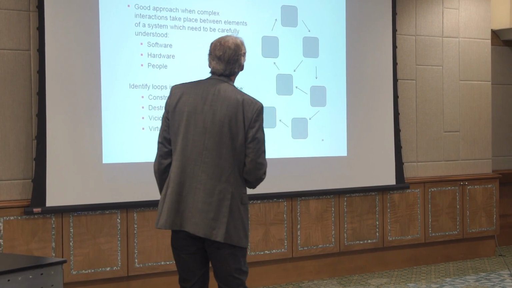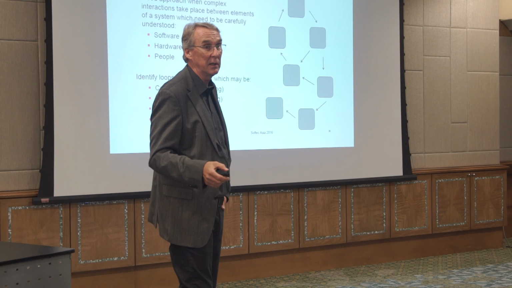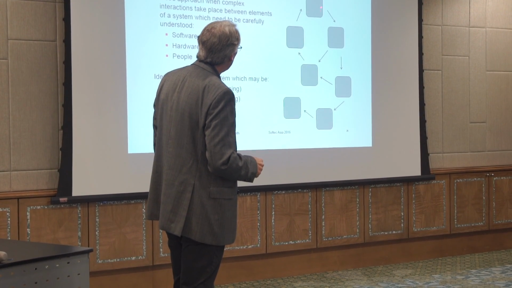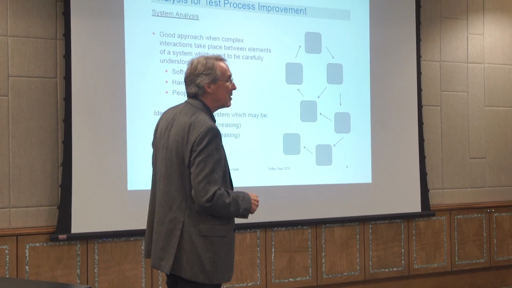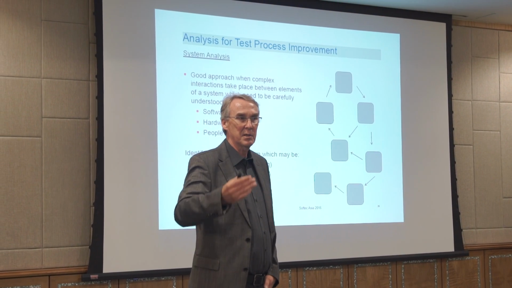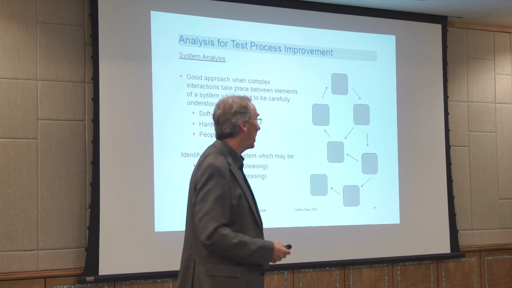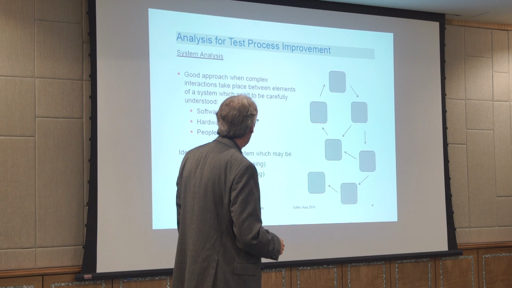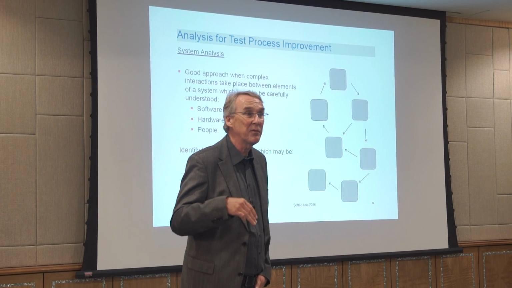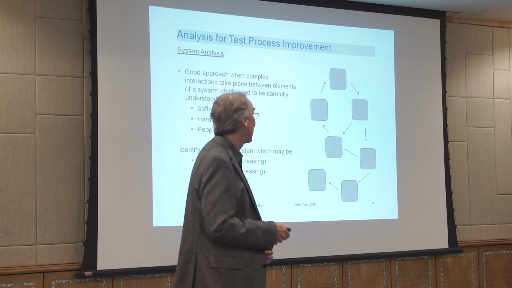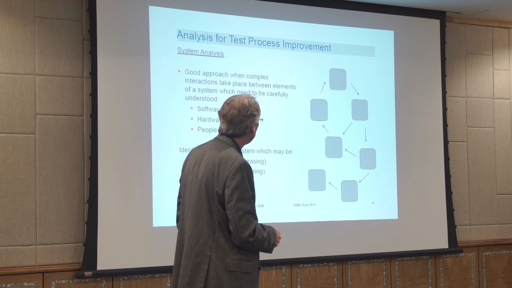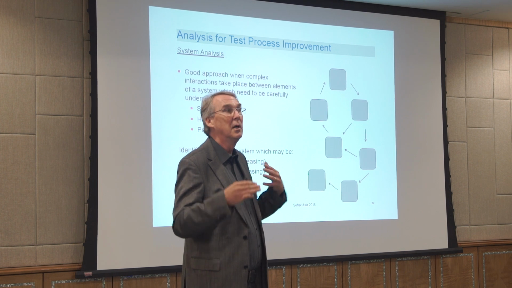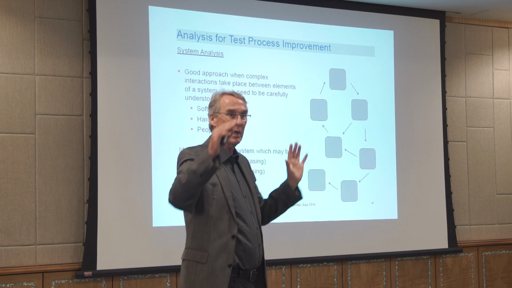Well, not anything. Software, hardware, people mostly. And what you do is you identify the things that interact with other things. Okay, so your software is interacting with people and with the hardware. Maybe you've got different systems working with each other. Maybe this arrow here is an interface between two applications. That kind of thing. You build up a picture.